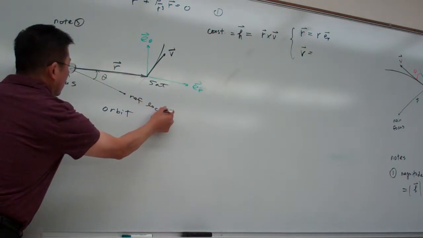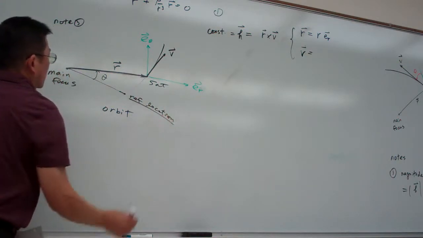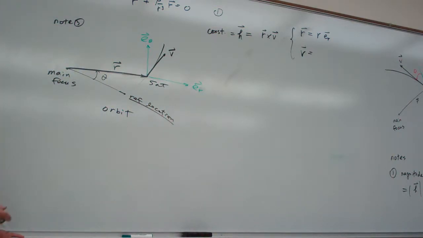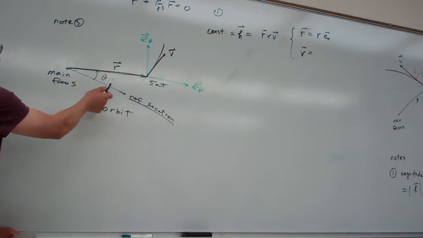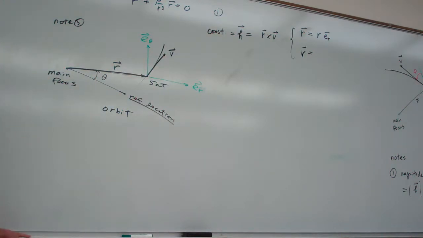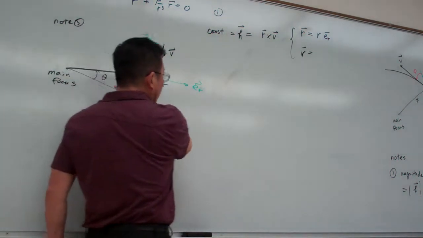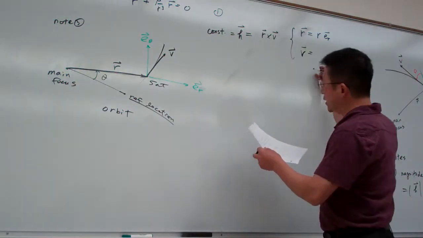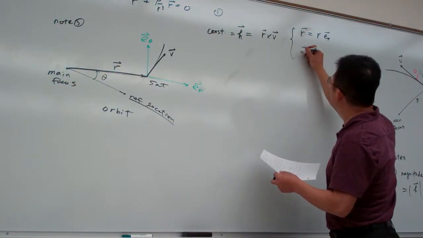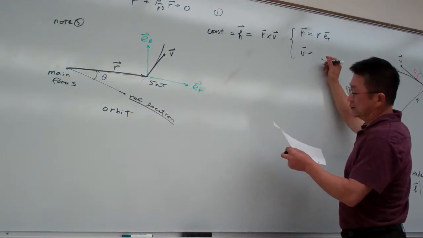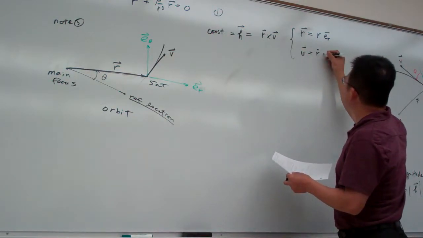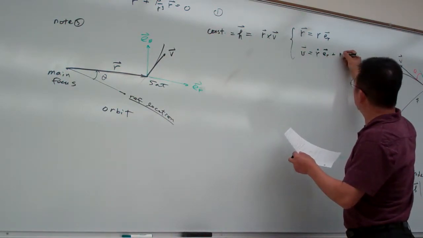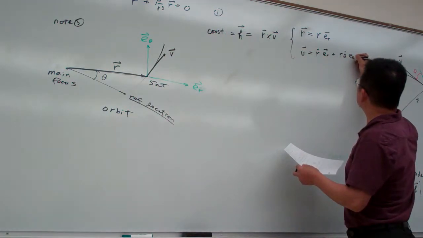Okay. So say if we were able to measure the theta of the satellite, in terms of the tangential location, then here we have the v is r dot e_r plus r theta dot e_theta.